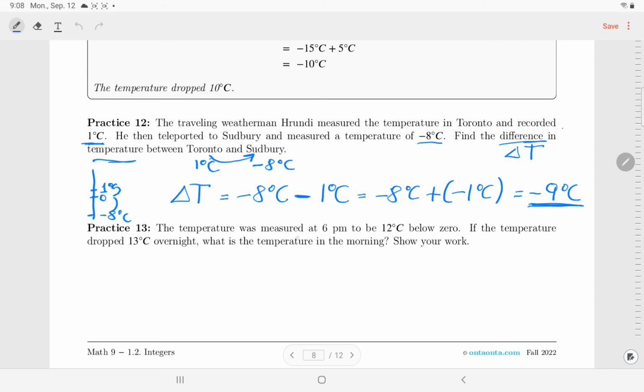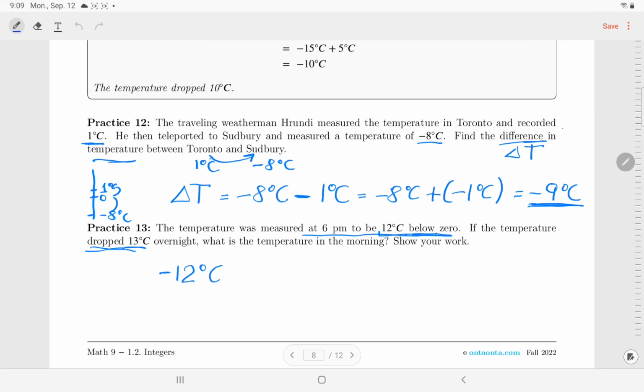The temperature was measured at 6 p.m. to be 12 degrees Celsius below zero. So at 6 p.m. it was negative 12 degrees Celsius. If the temperature dropped 13 degrees Celsius overnight, what is the temperature in the morning? So at 6 p.m. evening, the temperature is negative 12 degrees Celsius below zero.